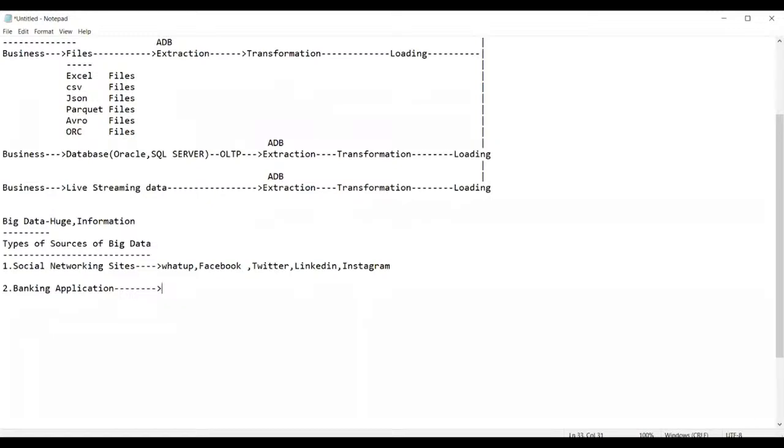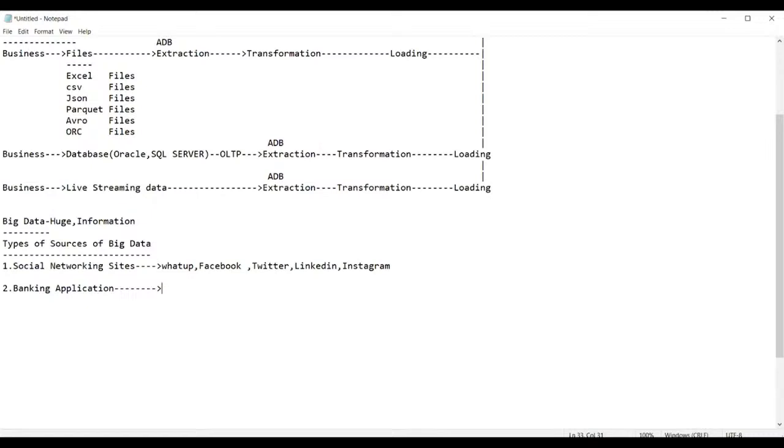Suppose you go to a bank and get an entry done in your passbook. That is some cash withdrawal entry, some deposit entry, some online transfer, some purchase entries. That means some transactions you have done.